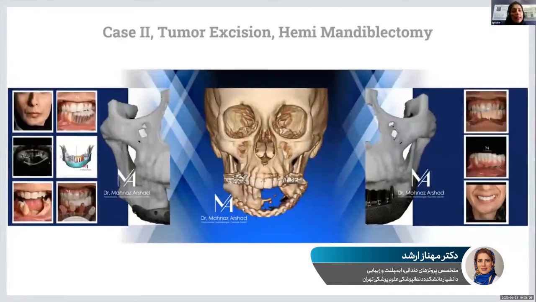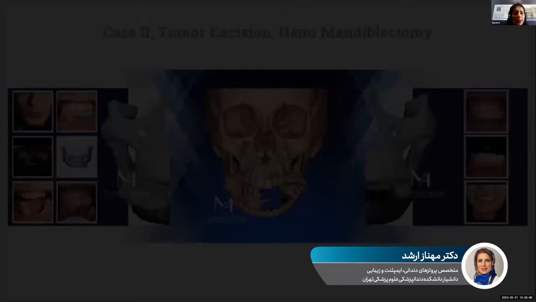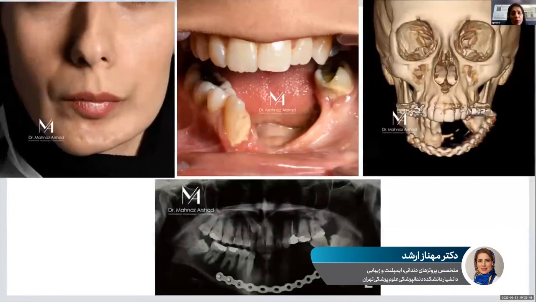Another patient has a history of ameloblastoma, but he had surgery 2 years ago, and he came to our office with this shape of his jaw, and she wasn't satisfied with the appearance.